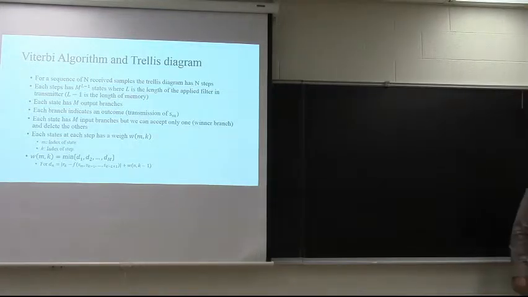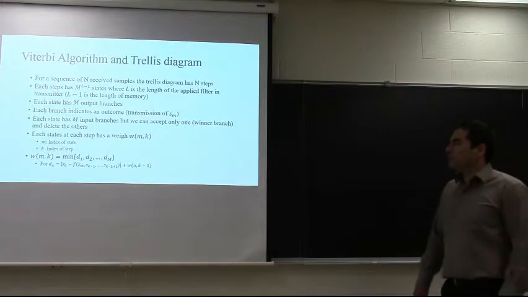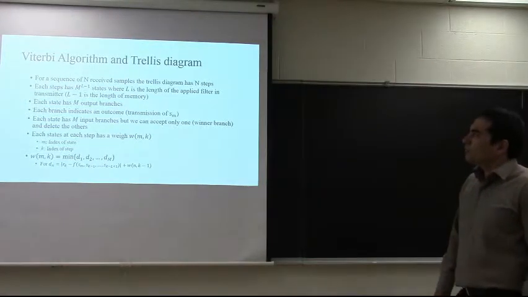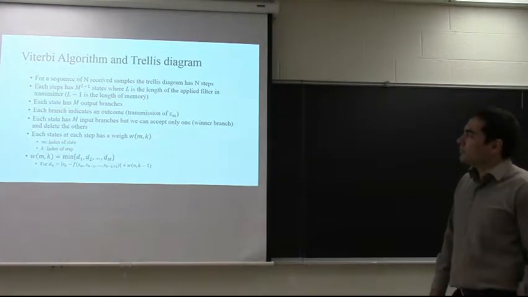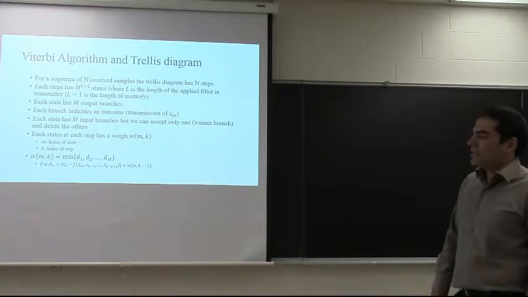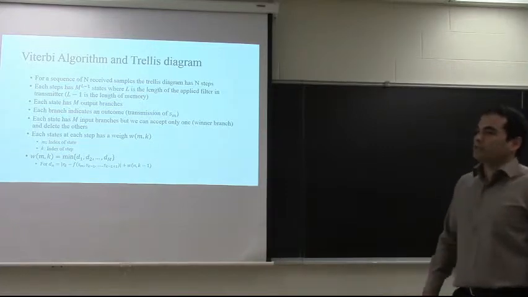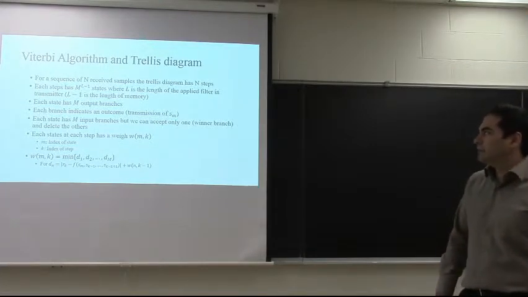Then we introduced the Viterbi algorithm and the MLSD diagram to overcome the problem. We mentioned that for a sequence of n received samples, the MLSD diagram has n steps. Each step has M to the power of L minus 1 states, where L is the length of the filter applied to the transmitted signal.